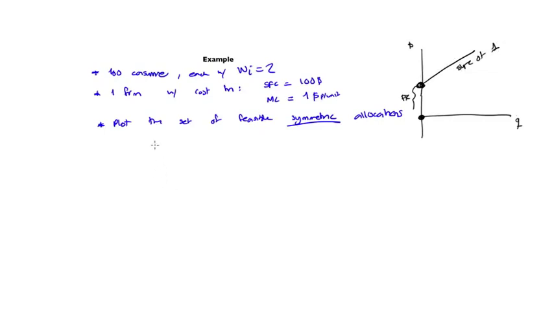So given that, let's try to characterize what the set of symmetric allocations looks like. One possibility is that we don't produce anything, so we are producing at this point. This is going to be how much they consume of good M, how much they consume of good X. There is no production of good X, therefore everything gets consumed as good M. Since there are 100 consumers, each with a wealth of 2, at a symmetric allocation everybody gets the same amount.